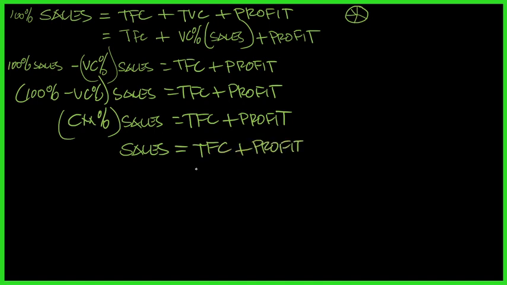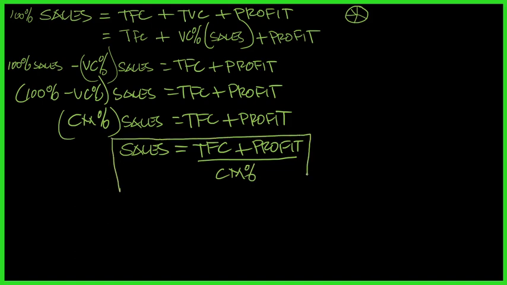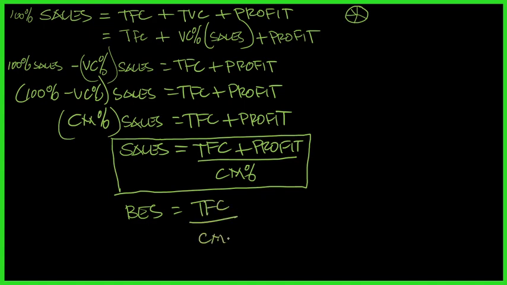Lipat natin sa kabila and that will now be divided by contribution margin ratio. So, ayan na. Di ba? At a given level of profit, magkano kaya yung sales ko? You can use this formula. And from that formula, you can now come up with the break-even sales. You simply equate your profit into 0 and you will get total fixed cost divided by contribution margin ratio.